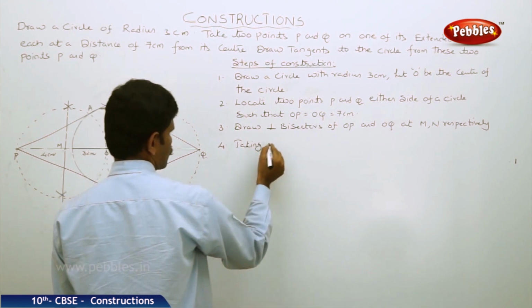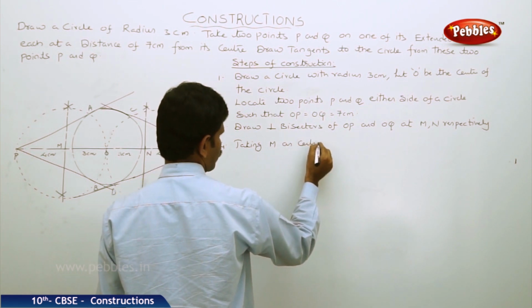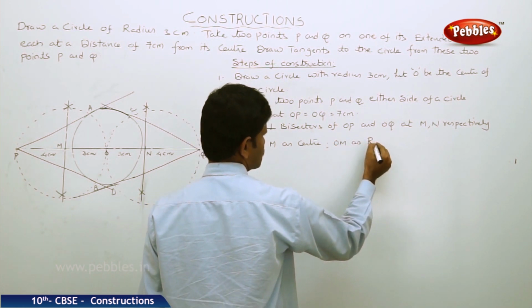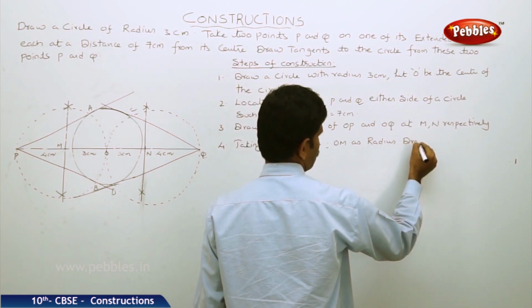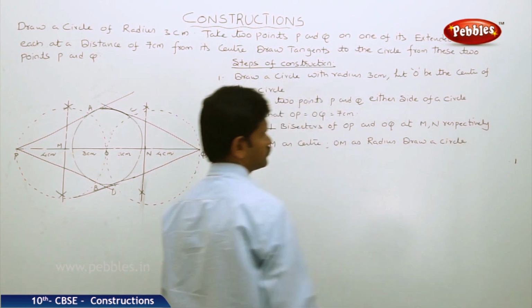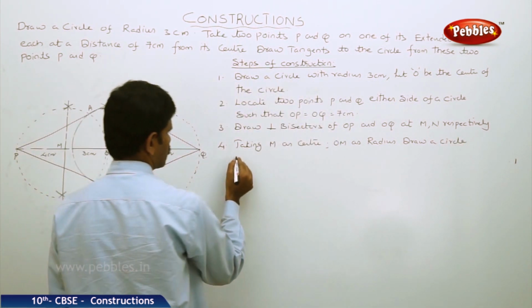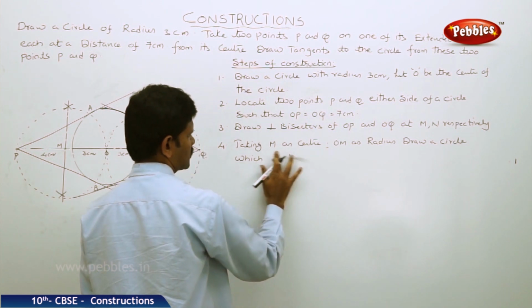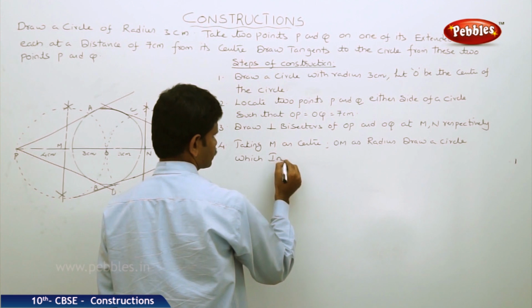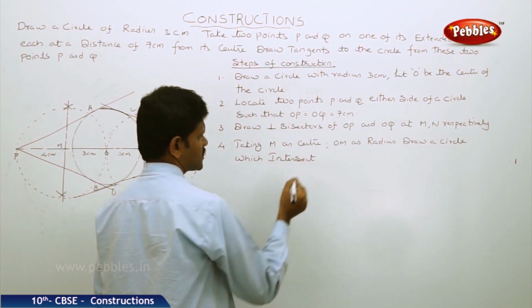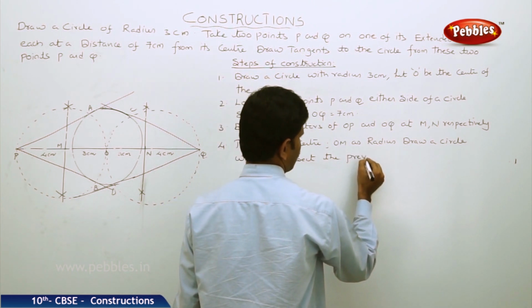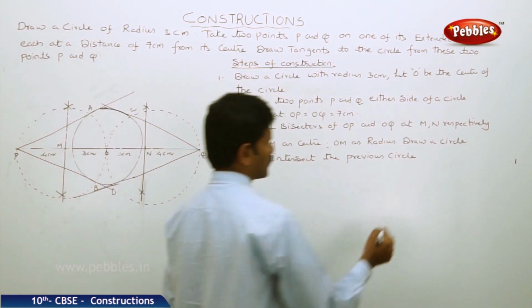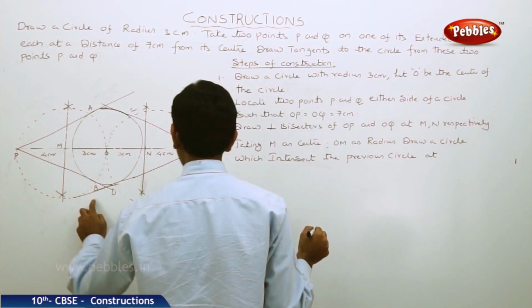Taking M as center, OM as radius, draw a circle which intersects the previous circle at A, B respectively.